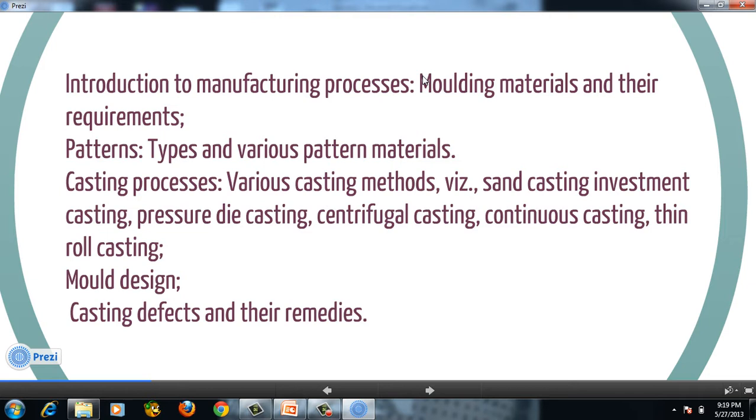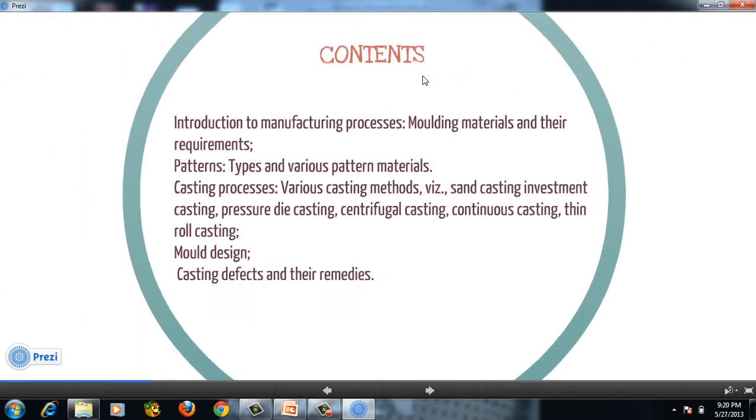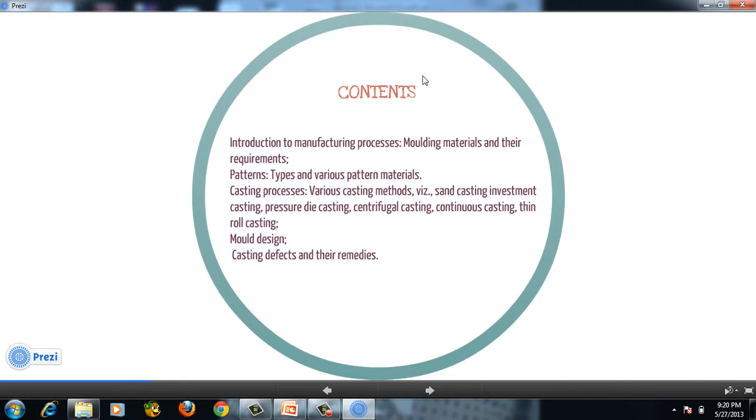Additionally we have mold design, and finally casting defects and the remedies, how casting defects can be avoided. So this complete circle gives us the casting process.